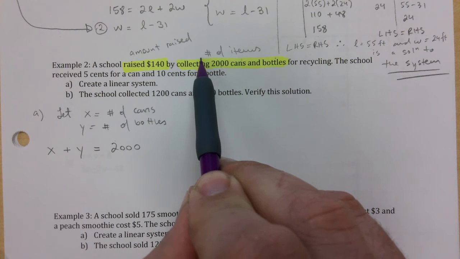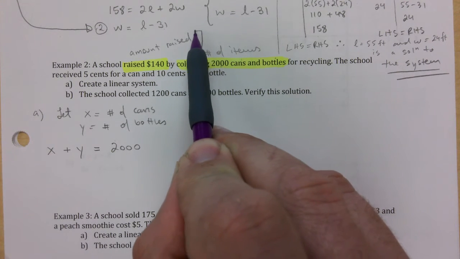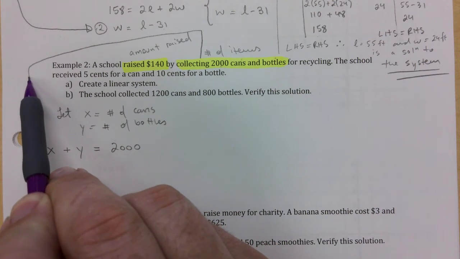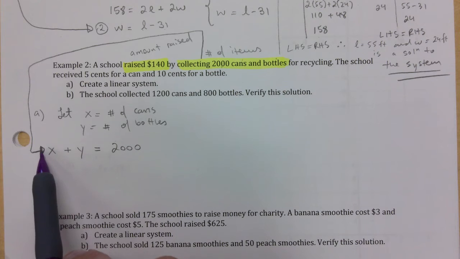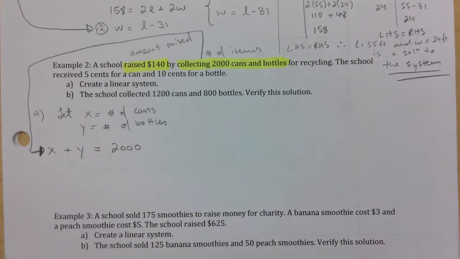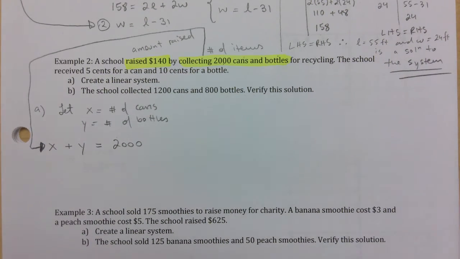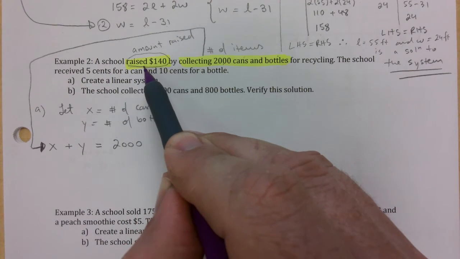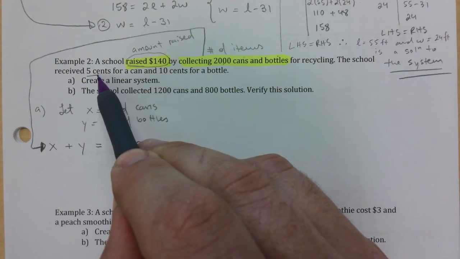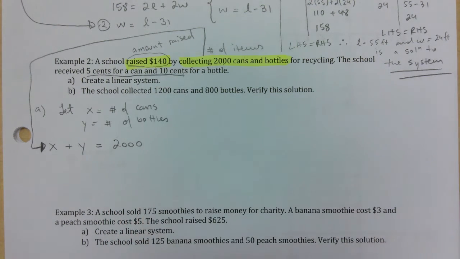And I'll make an arrow going out and over, right? This equation right here is telling us that the number of cans and bottles is 2,000. That's all we know. And then we have another one, this one here, that we raised $140, and we're also told how much we get for every can and for every bottle.